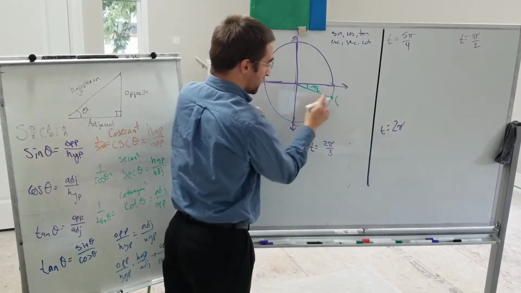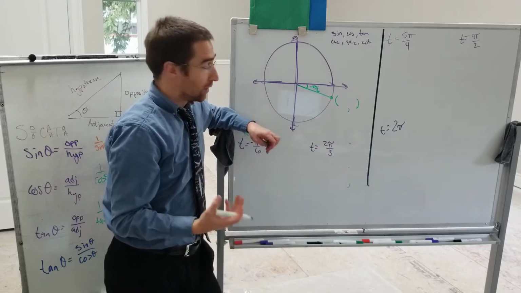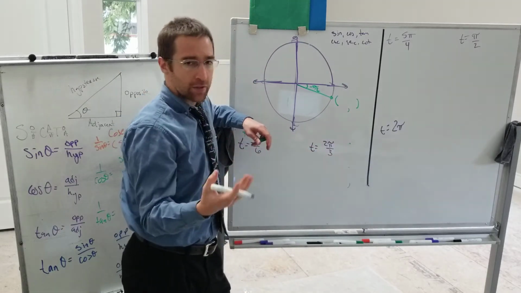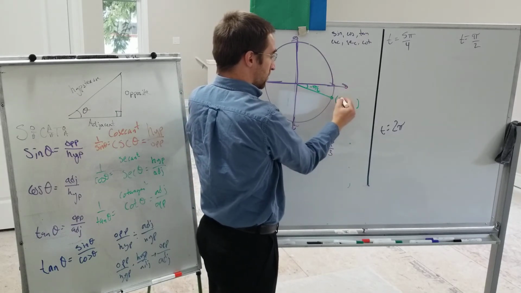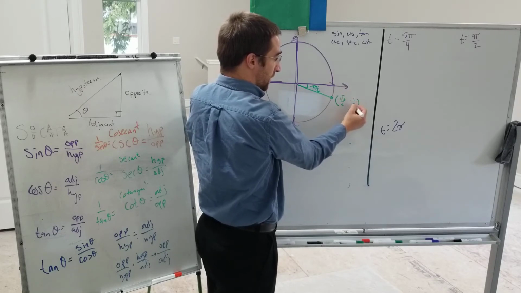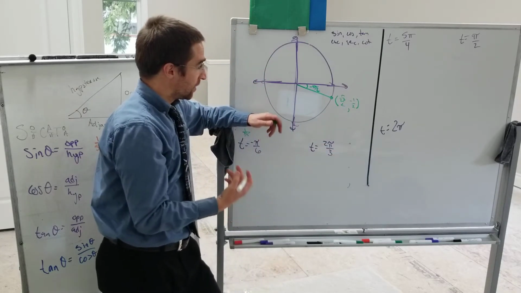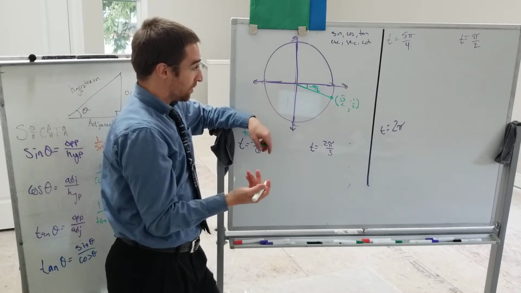So I'm going to have a positive x number and a negative y number. If we remember what our unit circle looks like, at pi over 6, we have root 3 over 2, and then 1/2 for a y value. So now it's going to be negative 1/2 there. If you just go cosine of negative pi over 6, it's going to be root 3 over 2.